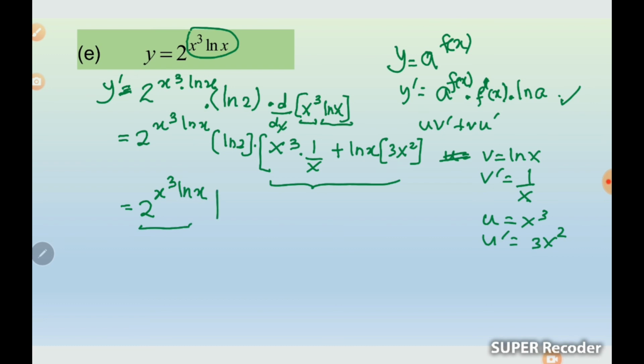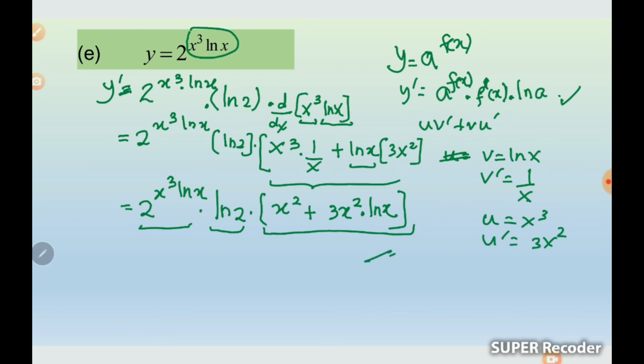Second term we have ln 2, and last one we have x cubed over x is x squared, plus we have ln x here, 3x squared added right in front, then followed by ln x. You cannot multiply these two, at least this one, 3x squared plus ln x. Okay, so this is the simplest form, where we have three expressions here. Okay, so thank you.